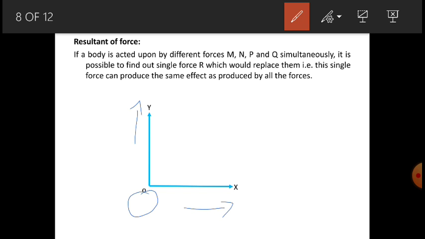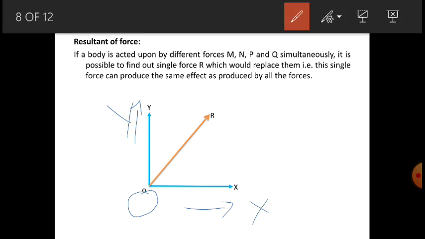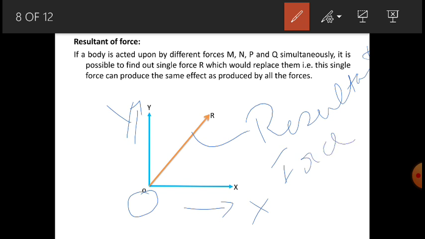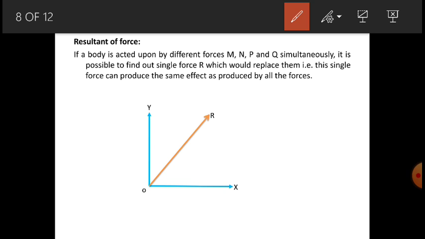If I want to replace force X and force Y, I will bring in the resultant force such that it makes the same effect as force X and force Y. This force is called the resultant force. Understood? This is what a resultant force is.